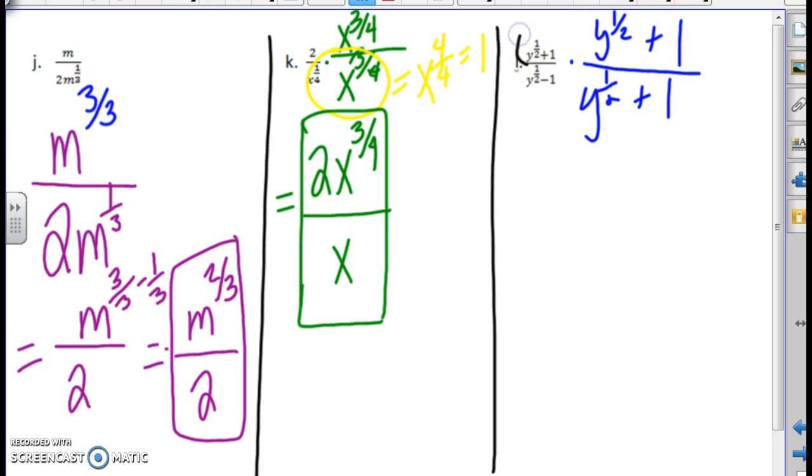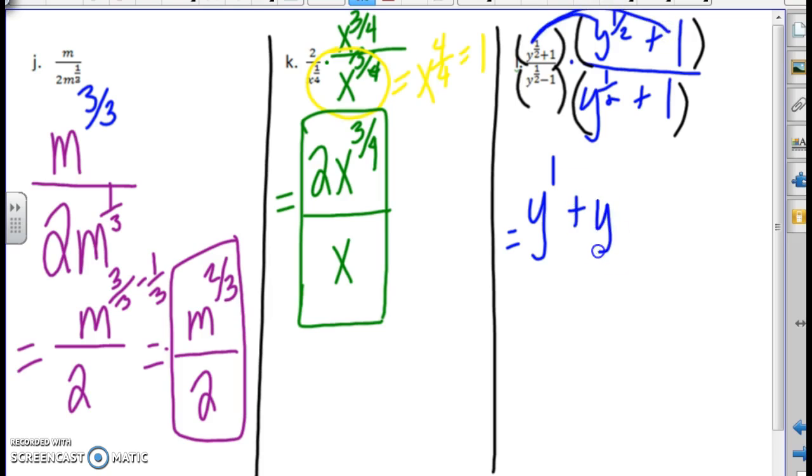So if we put some parentheses around this and then we distribute all these fun things, in the numerator we end up with y to the 1/2 times y to the 1/2 gives me y to the 1 whole, because it's 1/2 plus 1/2. Then we do plus y to the 1/2. Same idea, come in here with this one, plus another y to the 1/2. And then last but not least, we have this one, which is going to be plus 1.